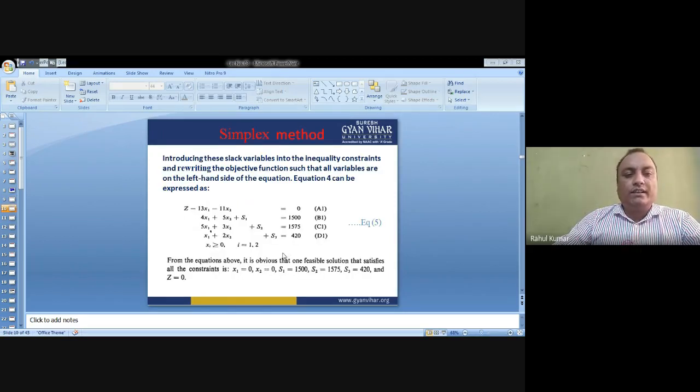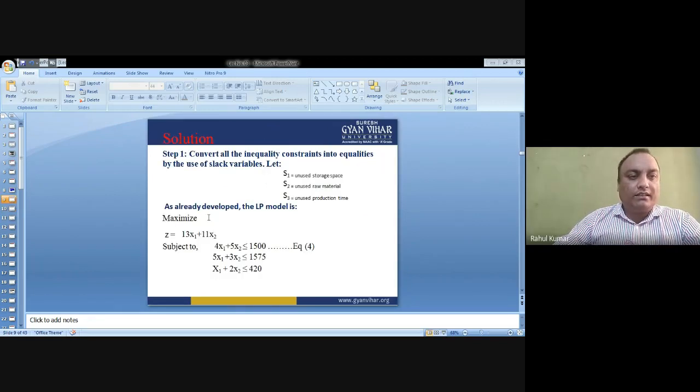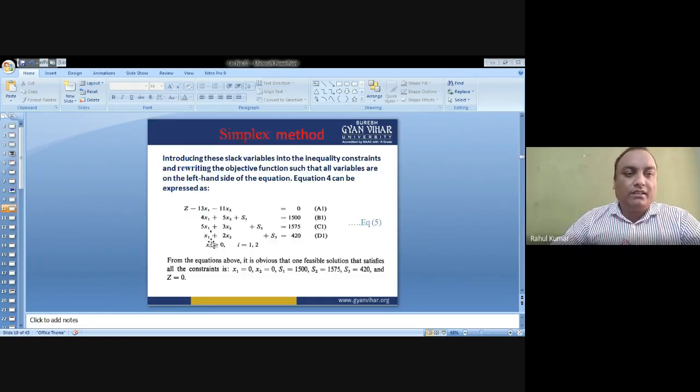This is rewritten as Z minus 13x1 minus 11x2 equal to 0. In this case, no slack variable is present, right? So this is equal to 0.